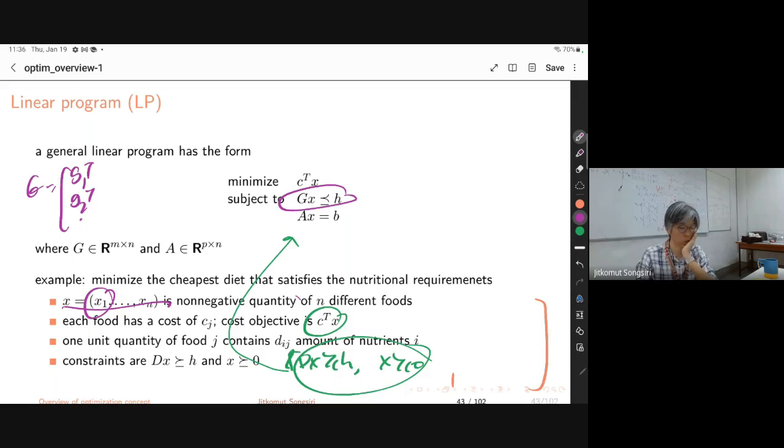What is G and h? You have two inequality constraints, right? Two sets of inequality constraints. How can you combine them all into a single vector form?